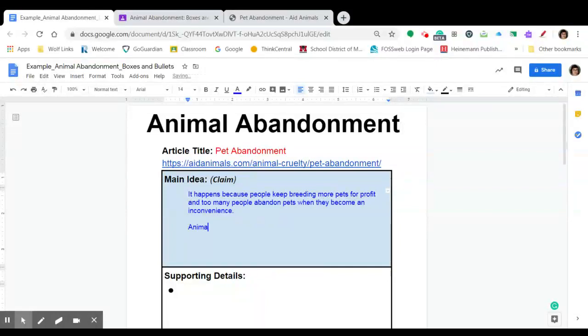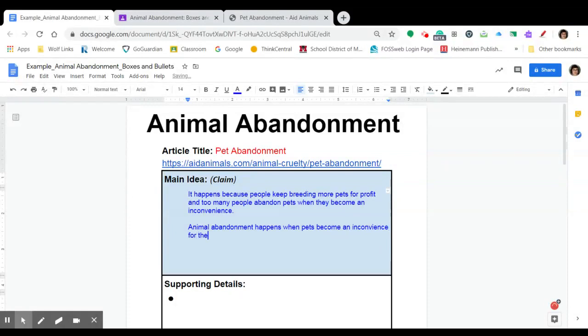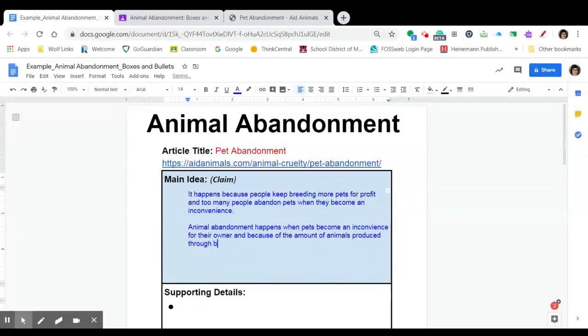So animal abandonment happens when pets become an inconvenience for their owner, and because of the amount of animals produced through breeding for profit.